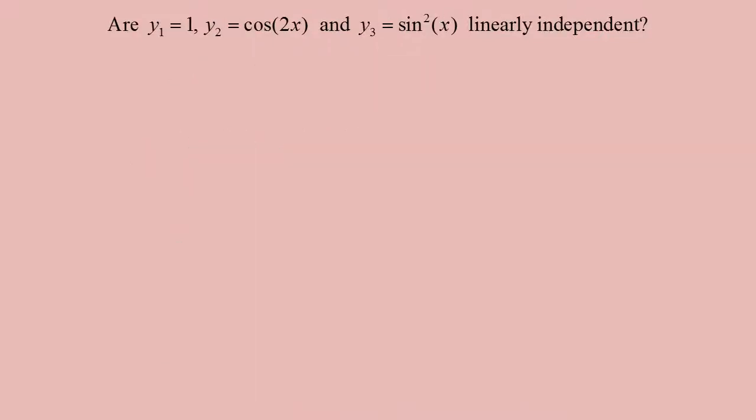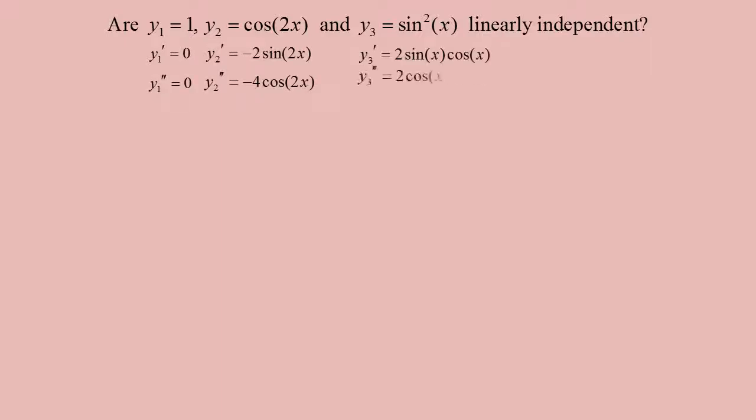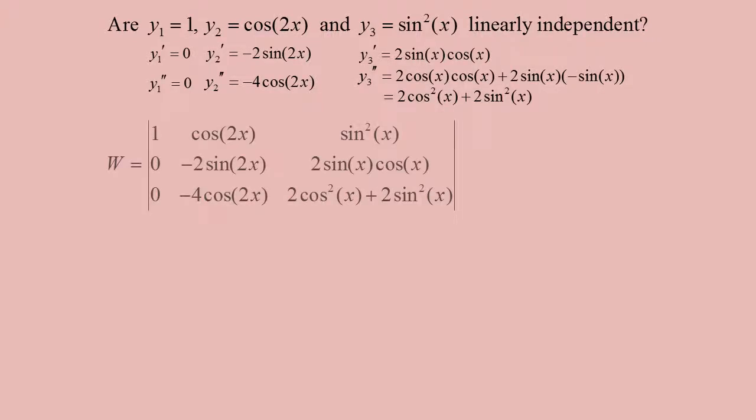Now here's the Wronskian with 3 functions. Since we have 3 functions, we will need a first and second derivative. So we'll go ahead and do those for each of the 3 functions. And then our determinant will look like this.